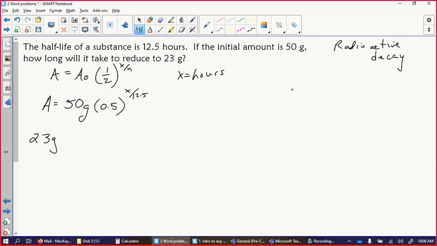So a half-life question, we start at 50. 12 and a half hours later, we would get 25 grams. 12 and a half hours later, we would have 12 and a half grams. Then 6 1/4, and so on. And each one of those is going to be a multiple of 12 and a half.